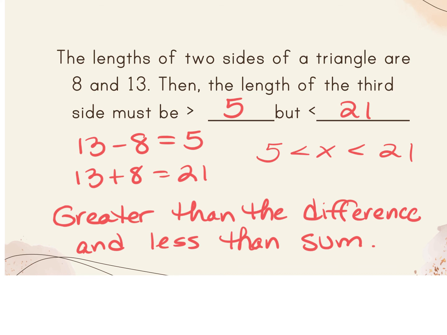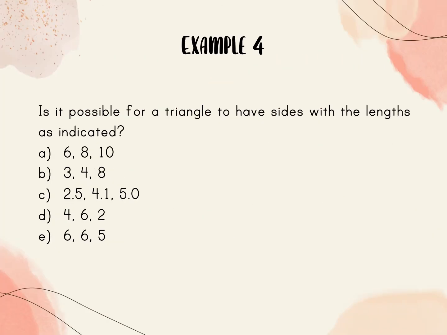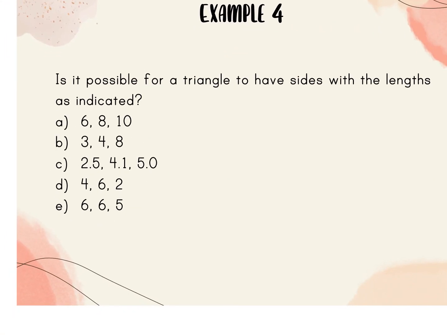And now we're just going to use this same theorem on the next slide. We're always going to be adding and subtracting the two smaller sides to see if the given third side falls in this inequality. So let's try example 4. So for the first one, is it possible for a triangle? So I'm going to add the two smaller ones and subtract the two smaller ones.